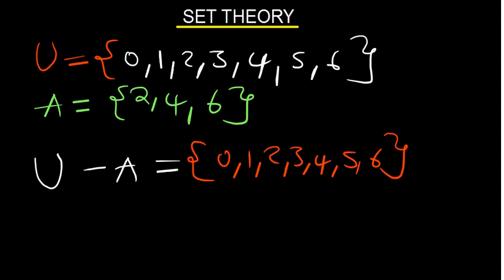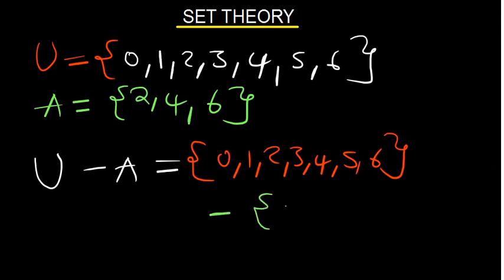Okay, so when you're looking at U minus A, the universal set without A, it means we need to exclude the members that are part of A from the universal set. So I was trying to show that by subtracting. So what we have minus the other set, 2, 4 and 6, right? Let me just write it down.